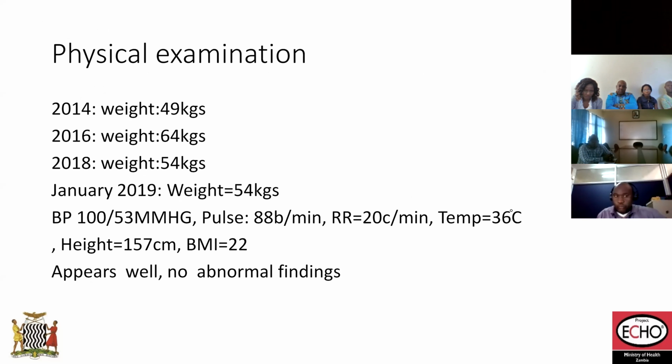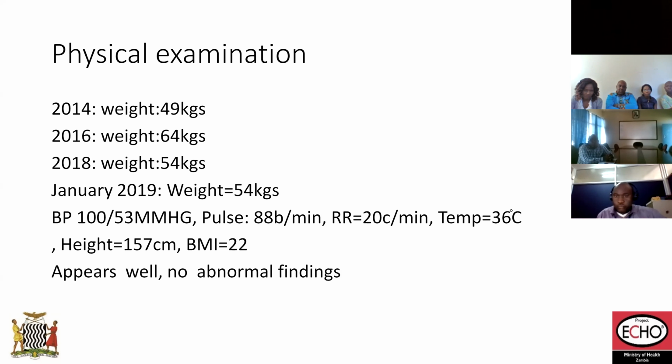Thank you. Are you able to see that? Okay, perfect. Yeah, so on physical examination, when she was put on ART in 2014, she had a weight of 49 kgs. In 2016, her weight was 64 kgs. She went up, and in 2018, the weight went down to 54 kgs. So in 2019, her weight was 54 kgs.